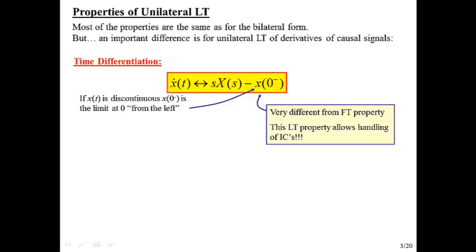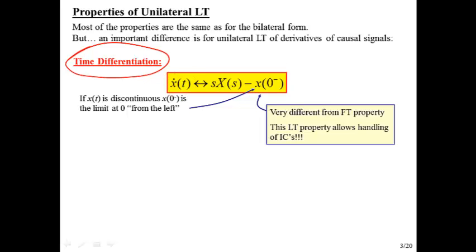And the main one is time differentiation. Remember, we're going to be applying this Laplace transform to the differential equation, and now assuming that the differential equation has some initial conditions. The result is the first derivative of x transforms into still s times X(s), but we now have to account for the derivatives or the initial conditions.